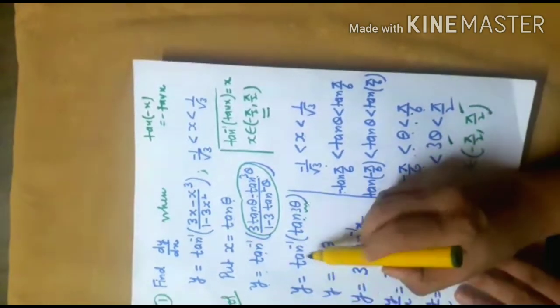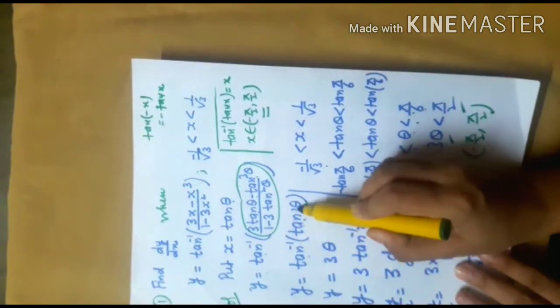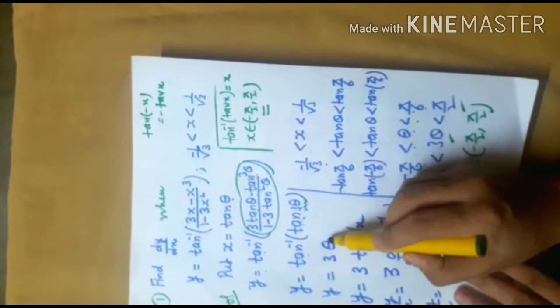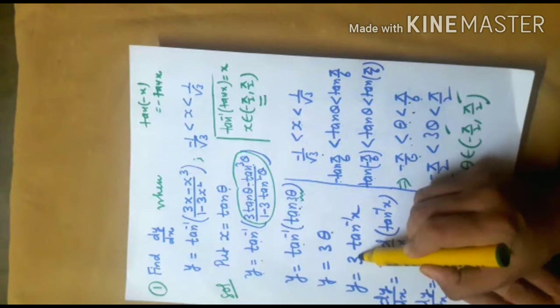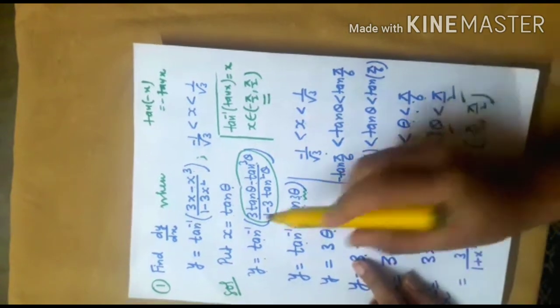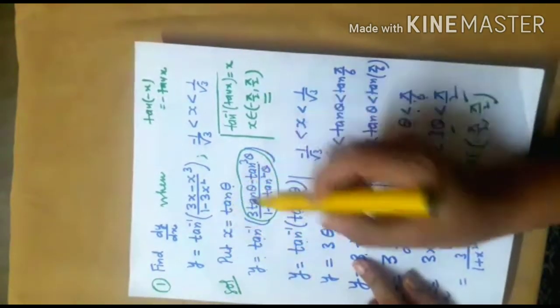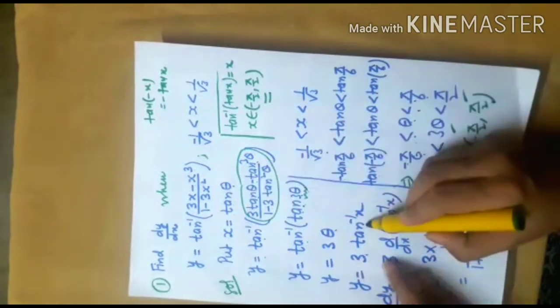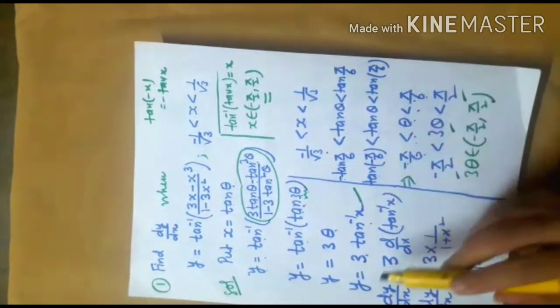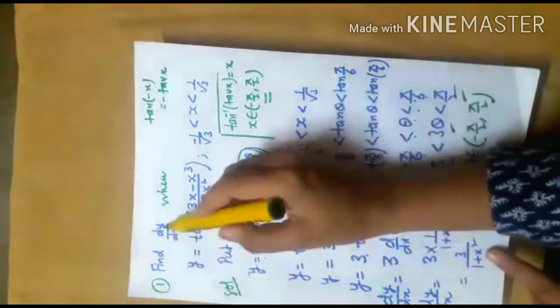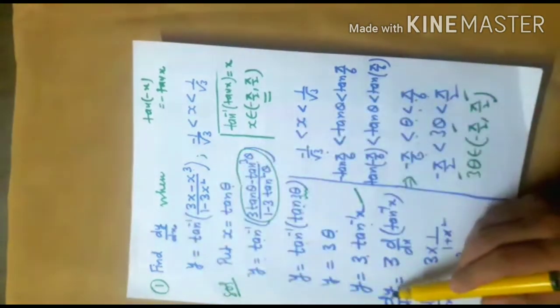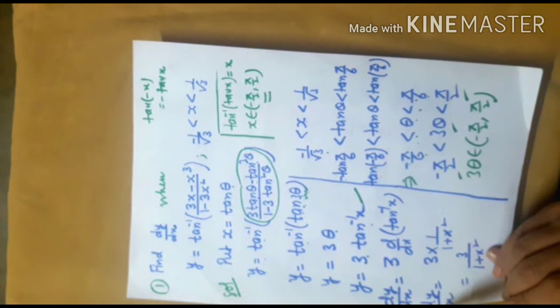Therefore, tan inverse tan 3 theta will be equal to 3 theta. So, y is equal to 3 theta, and what is theta? Yes, theta will be tan inverse x. So, y is equal to 3 tan inverse x. Now, I have to find dy by dx. So, I'll differentiate both sides with respect to x.